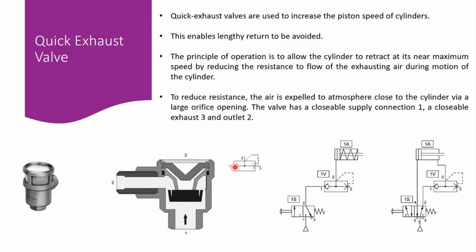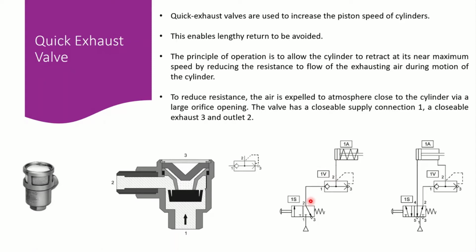So this is going to be that rubber seal, or let's say a ball, and that is basically directing the air to be passed to the inlet, basically to the pressure port or the exhaust, depending on where we are putting this quick exhaust valve. Here we can see one simple example of a quick exhaust valve, right?